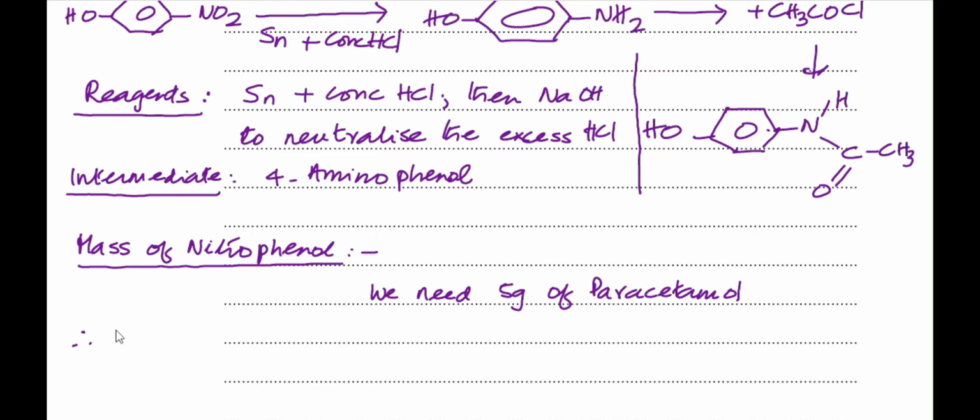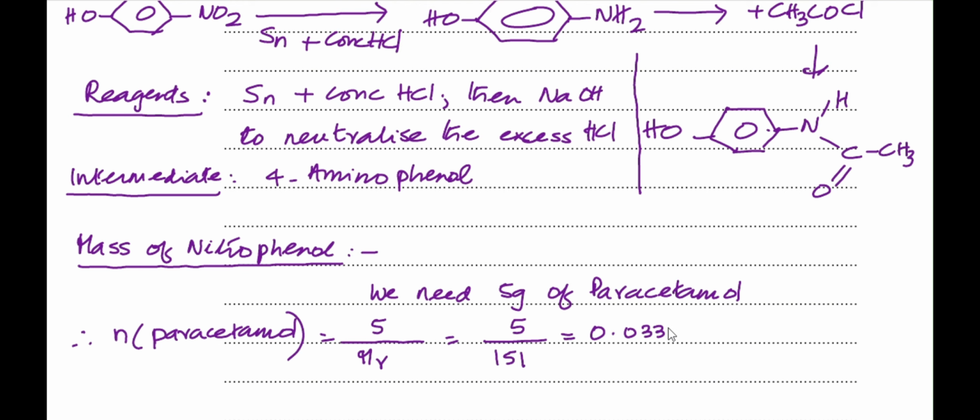Therefore, the number of moles of paracetamol will be equal to 5 grams divided by its MR. Calculating the MR from the formula, we get 151, so that is equal to 0.03311.